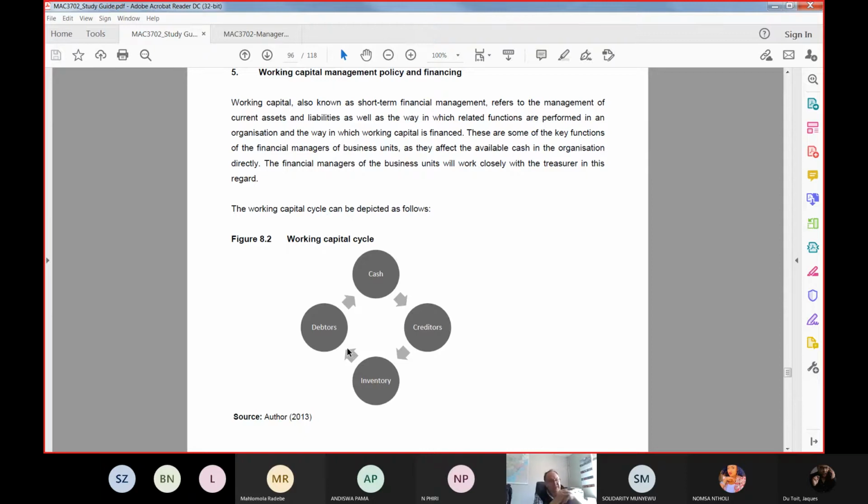What you're trying to achieve from this diagram, these four boxes, is to ensure that it is balanced from month to month or from period to period. You can't afford to be out of cash. Just remember, this is the liquidity of the business. As soon as you're out of cash and you can't meet your creditors, you will be forced to either borrow long-term liability or sell non-current assets. Okay?